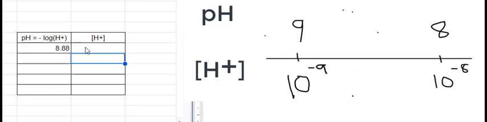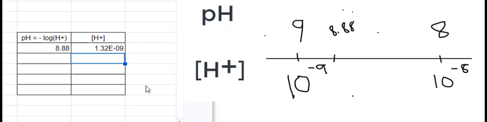So we're expecting it to be something times 10 to the minus 9th. So now let's figure out what that actual value is. So 1.32 times 10 to the minus 9th. And that's pretty close to 10 to the minus 9th, sort of like right around here, what that corresponding H plus value would be.